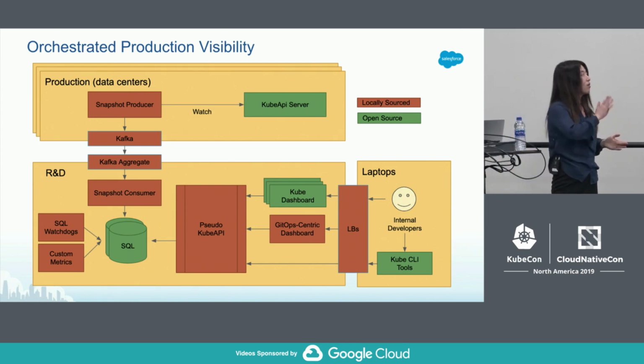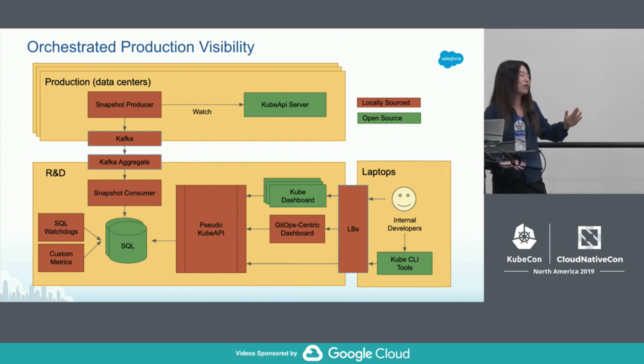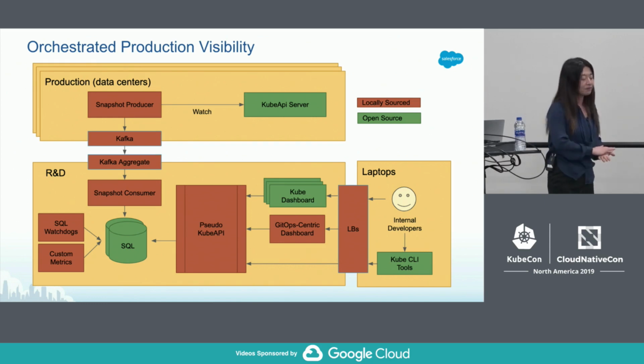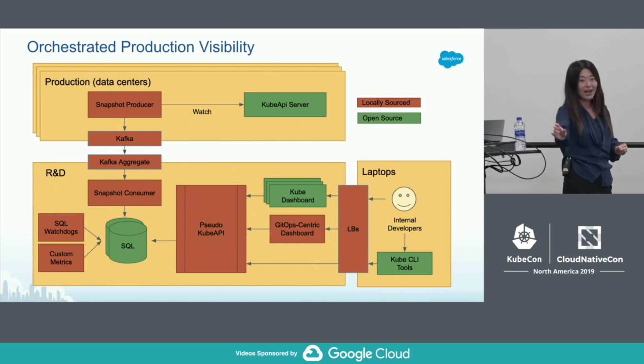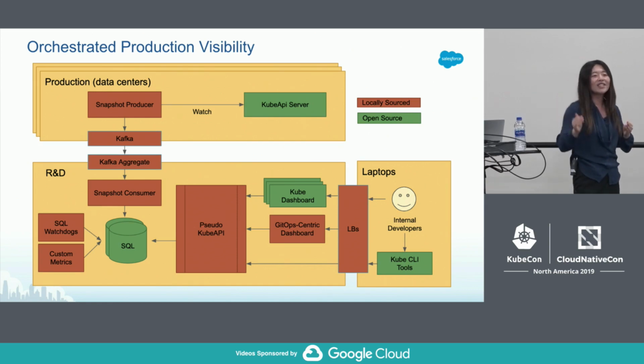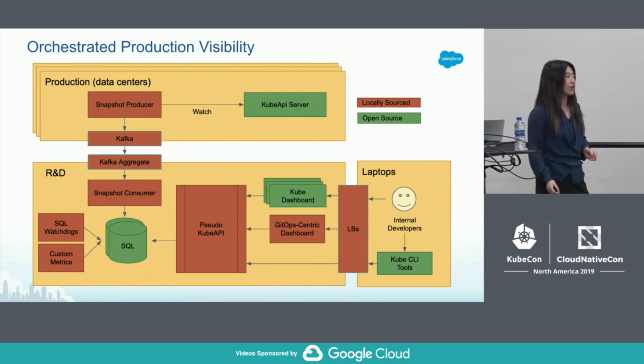develop in-house this orchestrated production visibility pipeline, which is pretty cool. If you look at this graph, in each of the production data centers, we deploy a component called the snapshot producer, which watches the Kube API server in the Kubernetes cluster and gets the status of all the Kubernetes resources in that cluster.